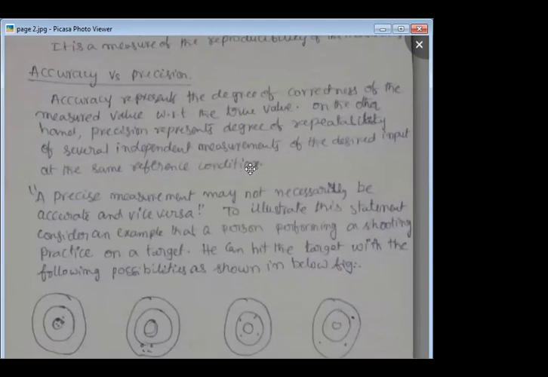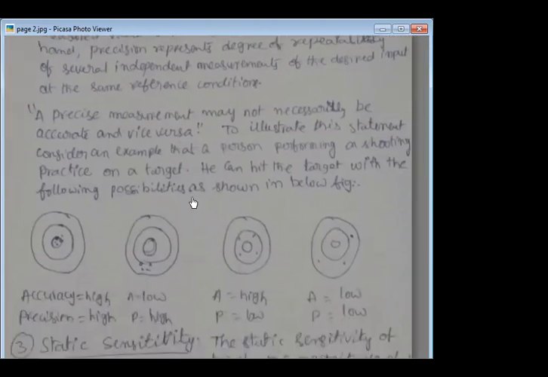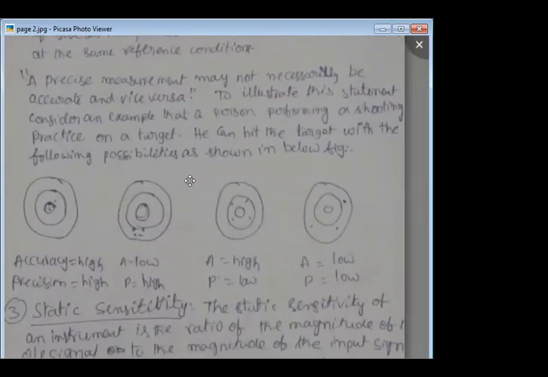The main thing in precision is that we have to maintain the same reference conditions every time we measure the quantity. A precise measurement may not necessarily be accurate, and similarly an accurate measurement may not be precise.